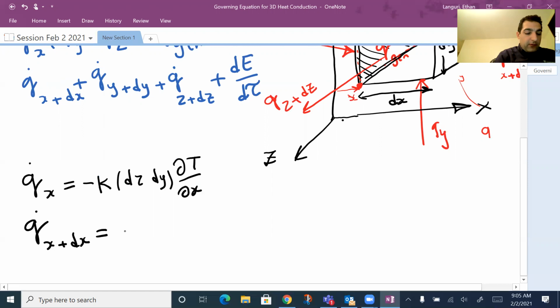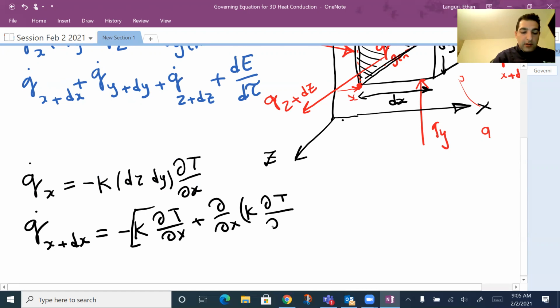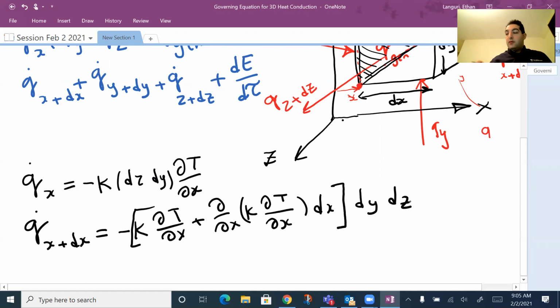The final form is this: minus k del T over del x plus del over del x of k del T over del x, times dx, and you have to multiply this by area, the same area that we use for the inlet as well.